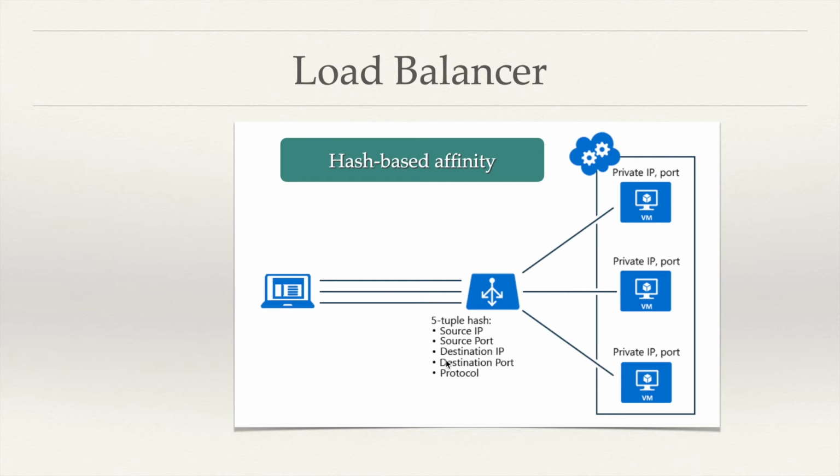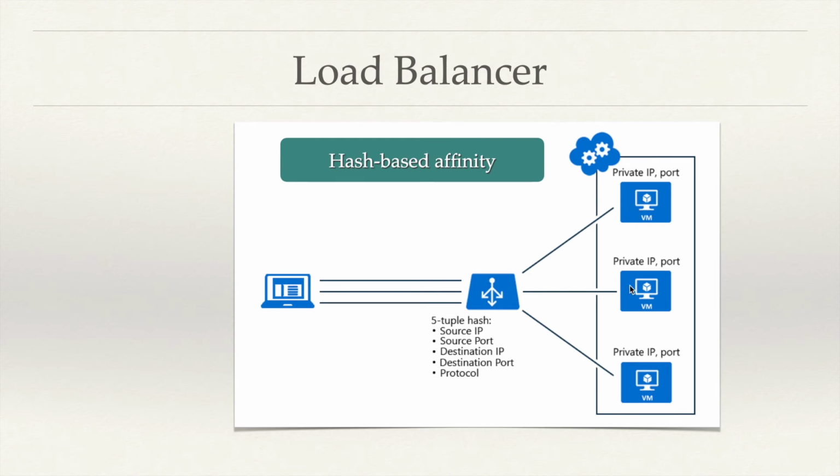First is the hash-based affinity. In the hash-based affinity, your five different tuples combine together, and the load balancer creates a hash of it, and then it redirects the request based on the hashing methodology to the target server. For example, it uses the source IP, source port, destination IP, destination port, and the protocol, and based on whatever encrypted output is generated, it redirects the request.